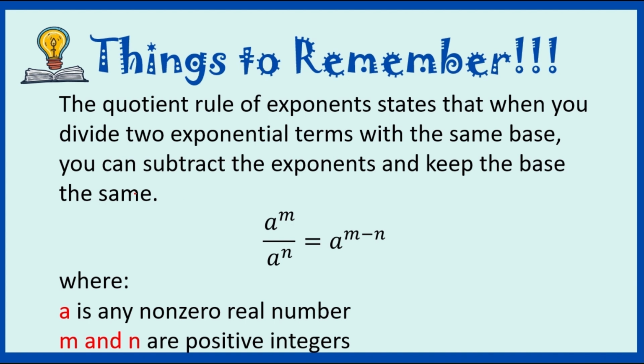Doon sa product rule nag-add tayo. Sa quotient rule, nagsusubtract. Sa product rule, nag-add. And where your a is a non-zero real number, and your m and n are positive integers.